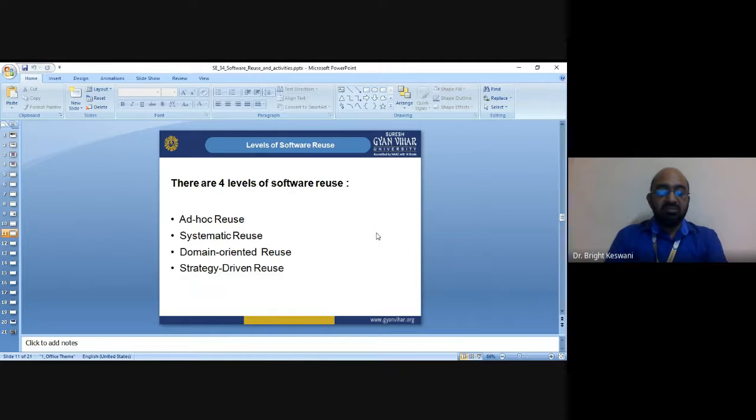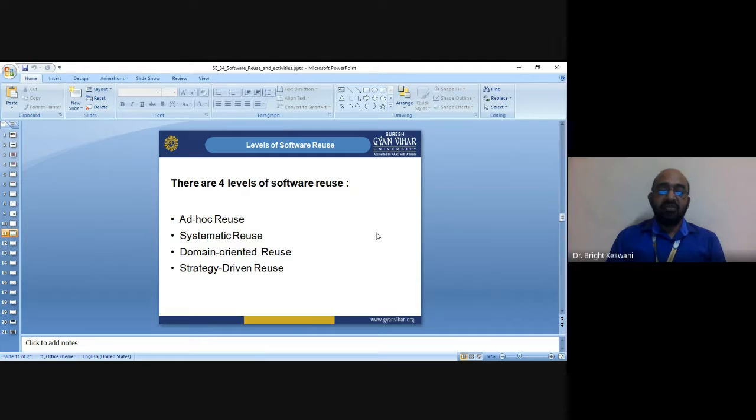And in systematic reuse, this type of reuse is driven by a well-ordered process and coordinated planning. Resources are allocated specifically for a reuse program, and it is fully supported by the management.